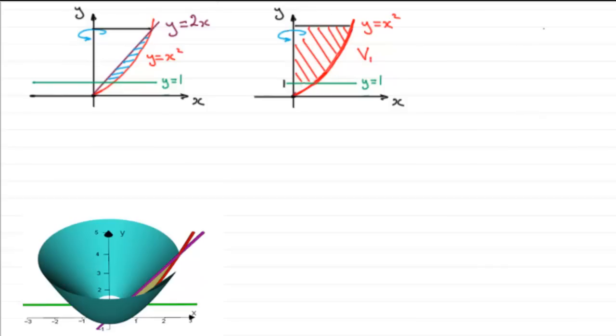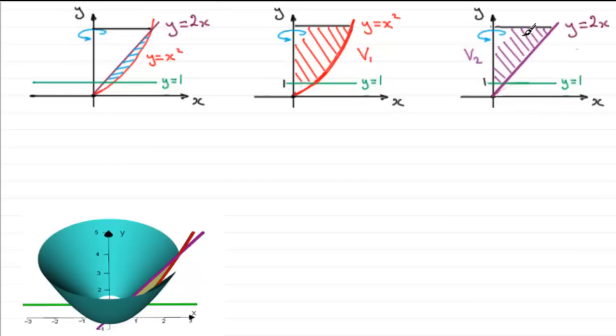And from this, subtract the volume generated when I spin the area bounded by y equals 2x, the y-axis, and the lines y equals 1, and whatever this value is up here. So we'll just say that this is equal to this volume, V1 we'll call it, minus this volume generated, which we'll call V2.